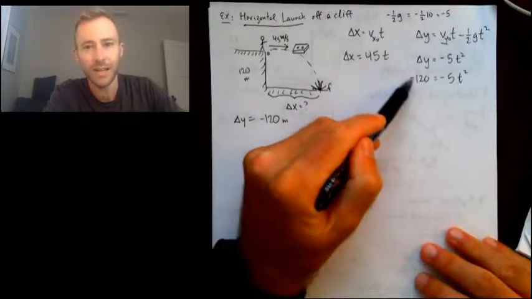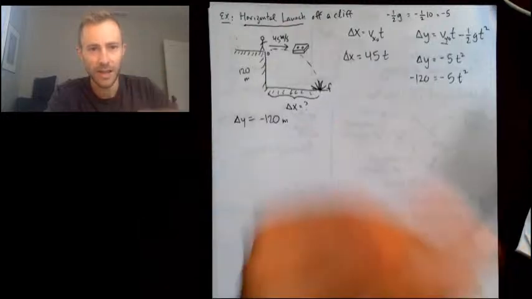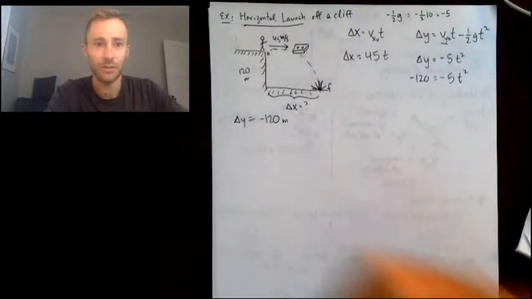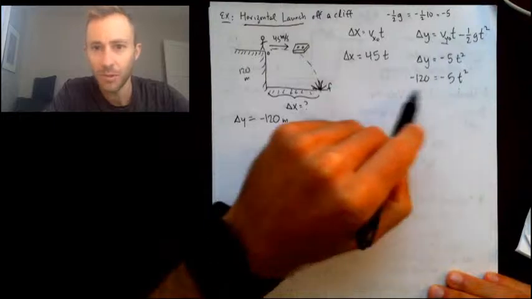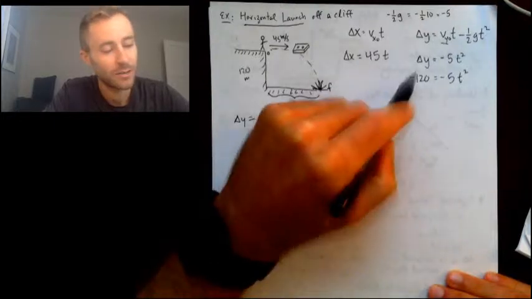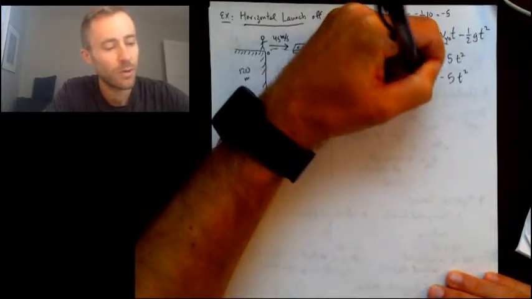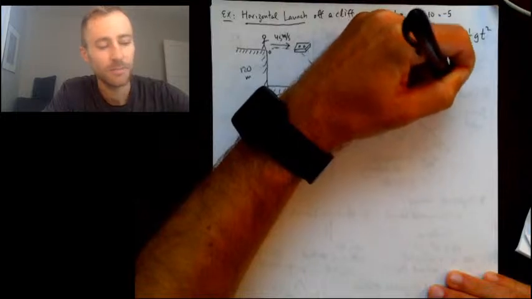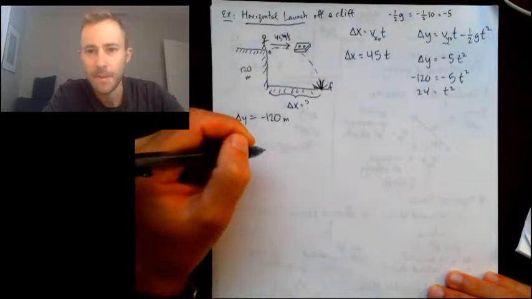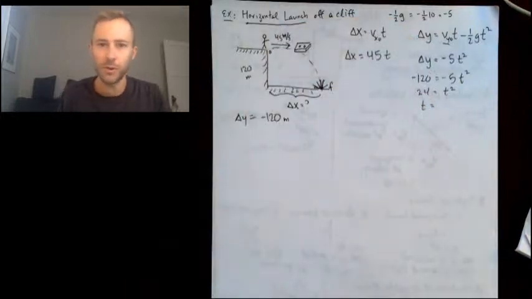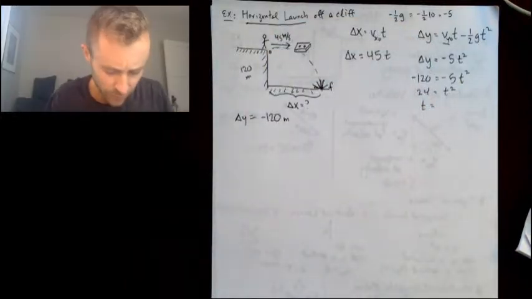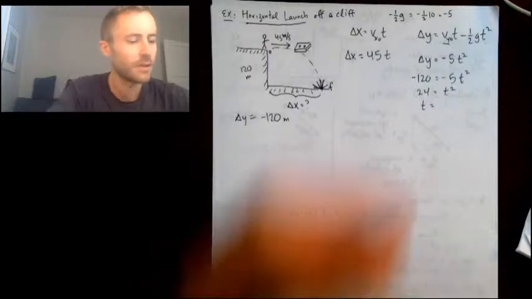So we need two negatives here so that they cancel out and we can actually take the square root of a positive number, okay? So again, dividing both sides by negative 5, the negatives cancel out, and I get 24 equals t squared, okay? And then that means that t equals square root of 24, which is about 4.9 seconds.